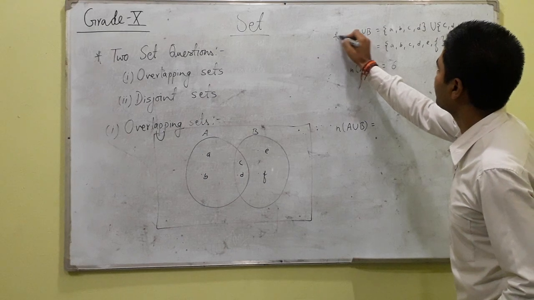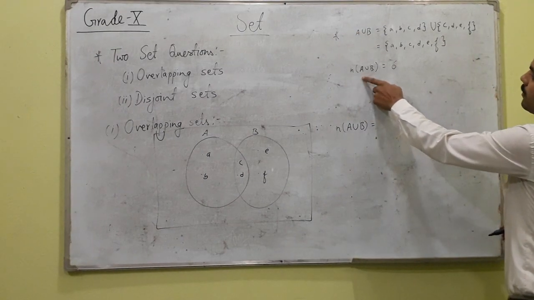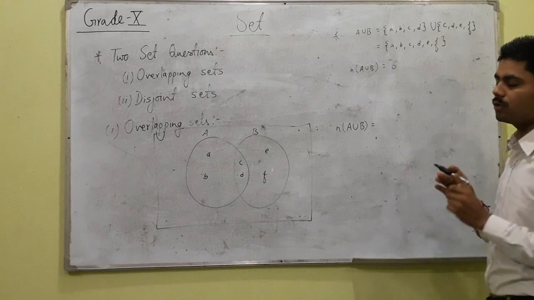So this is one method to find the cardinality of A union B, but we can use the formula directly.